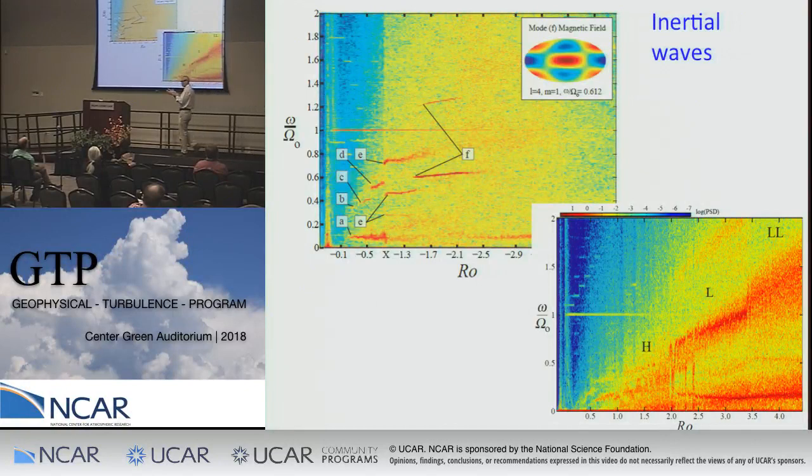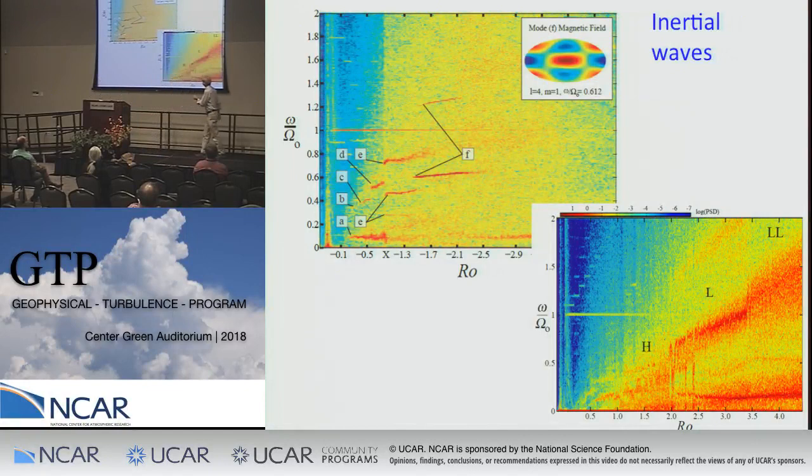So they're actually relatively simple structures, although they're living on a background turbulence of Reynolds numbers in the millions. So apparently they're able to survive in such a context. Perhaps much in the same way Rossby waves can survive in high Reynolds number flows in atmospheres, Rossby waves being a special branch of these inertial modes.